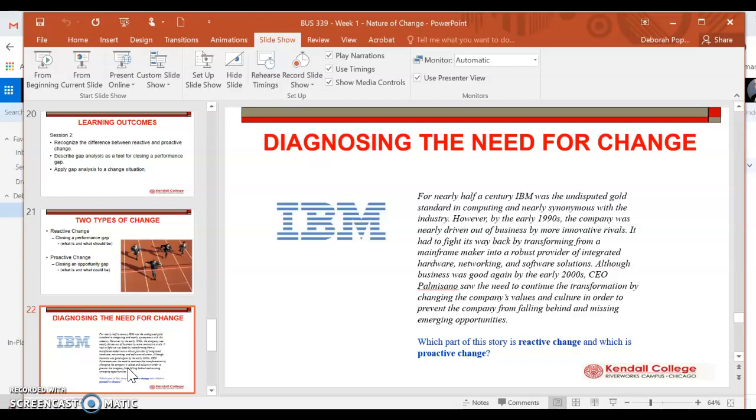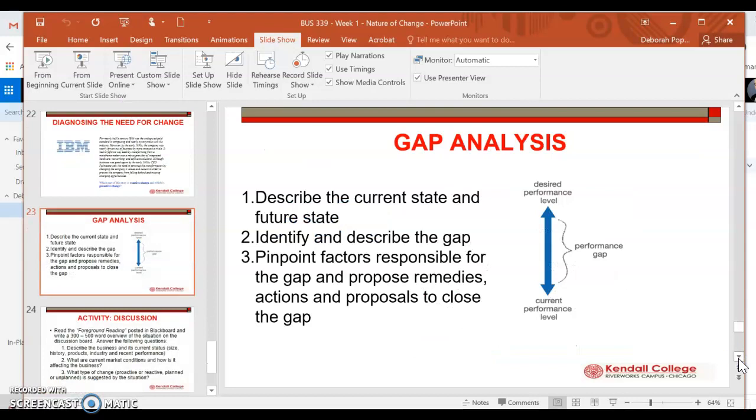That now IBM sells server space and a whole variety of consulting services that would not have been possible in their previous iteration. So how do you do this?